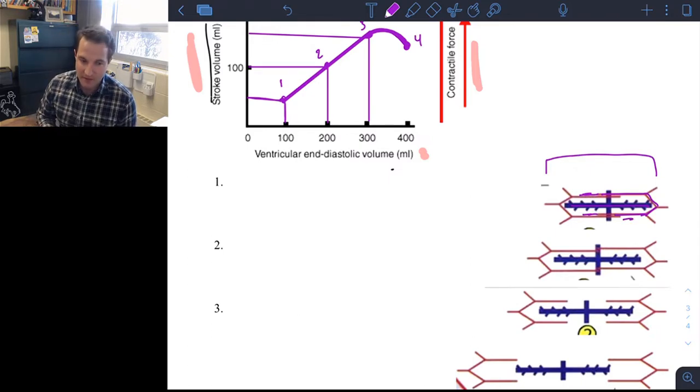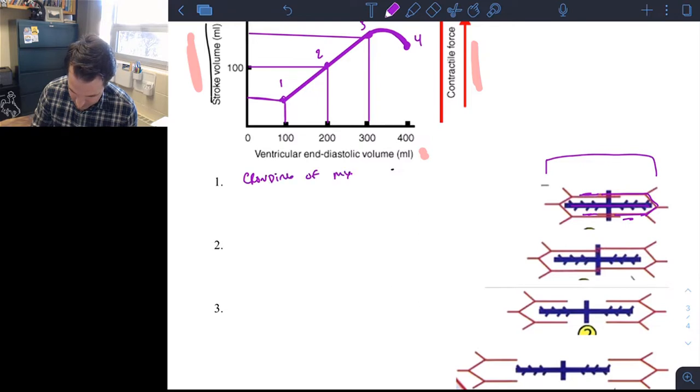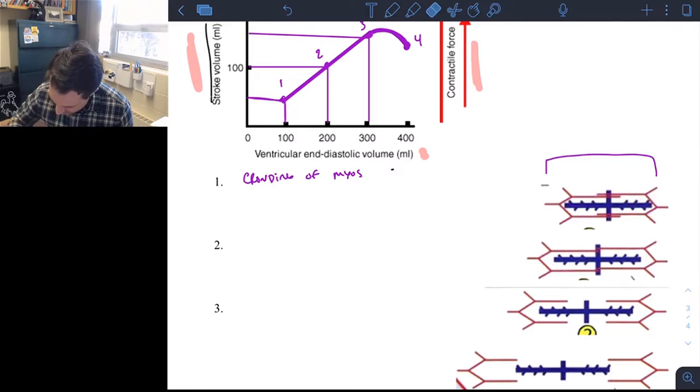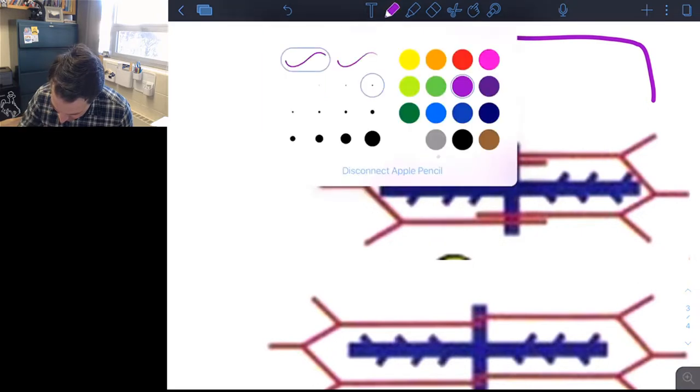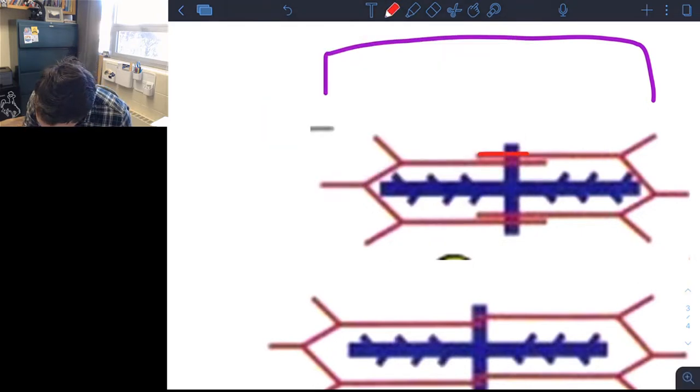So what we would have here is crowding of myosin and overlapping of the actin. Actually, I'll use the eraser. If I zoom in right here, you can see, if you look pretty closely, here's one actin filament. Here's the actin filament from the other side.